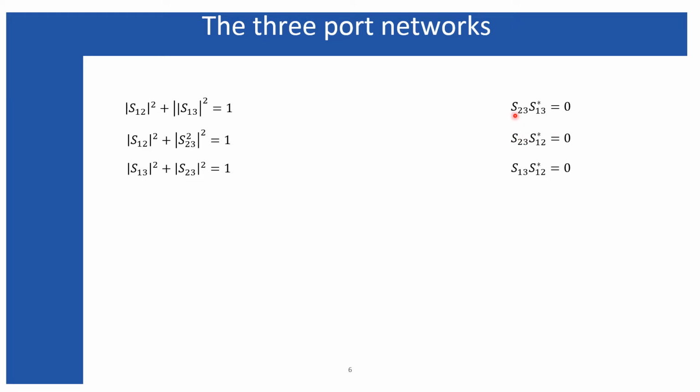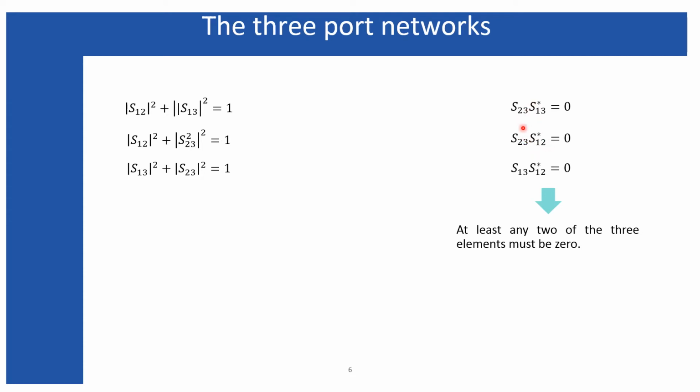Now, from these three equations, we can say that in order to make these three equations 0, at least two components of the S matrix out of these total three components must be 0.